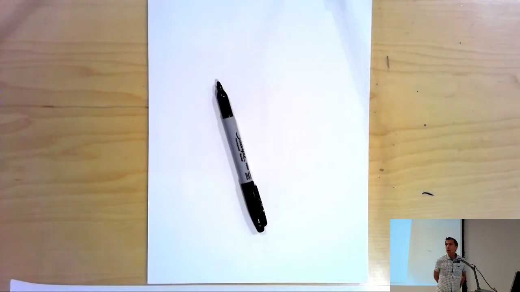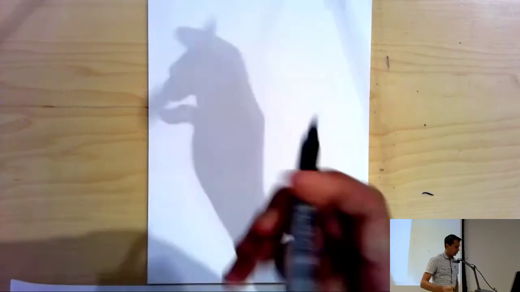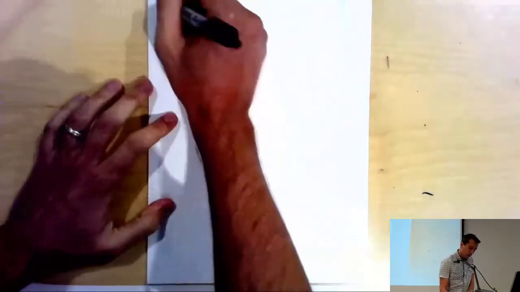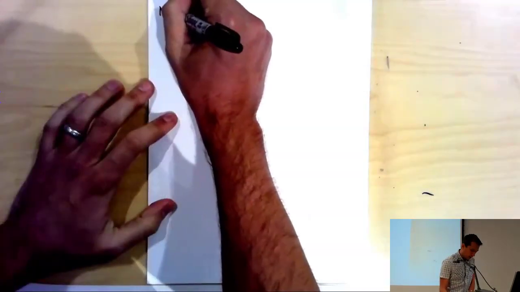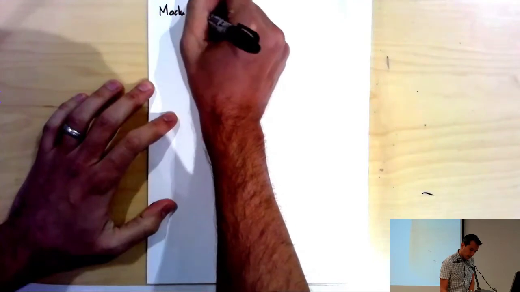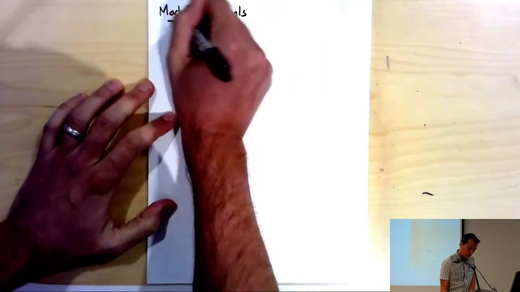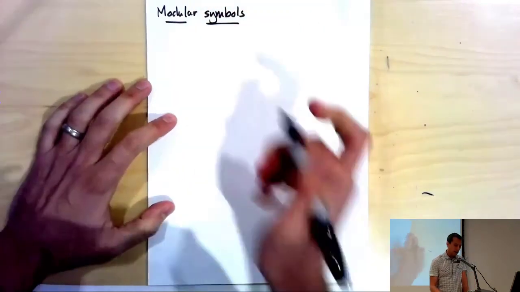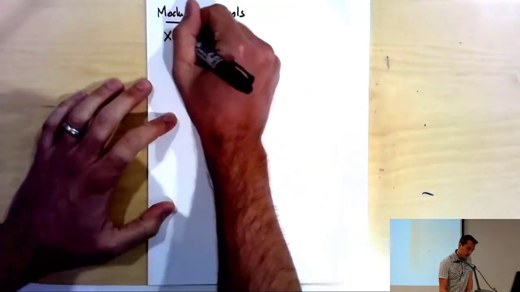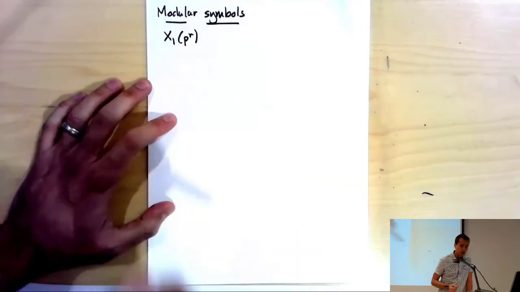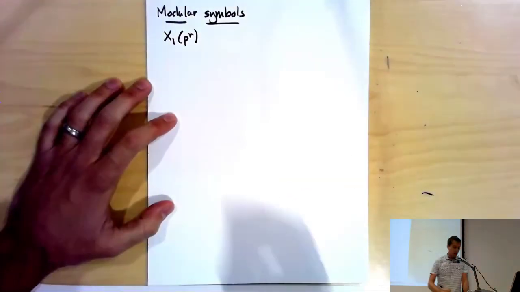Okay, so today I want to introduce the last ingredient and then put everything together. So let's start with the last ingredient: modular symbols. Okay, so we have the modular curve X_1(p^r), thinking of it over C for a moment.